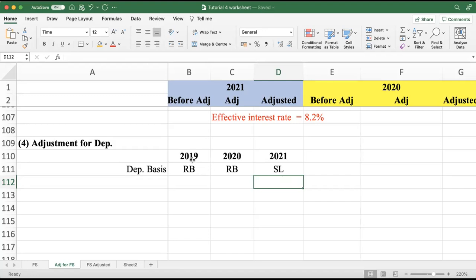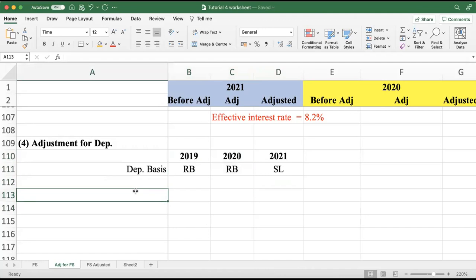So what you have to do is adjust the depreciation for the last 2 years to straight line basis. You see, for the last 2 years, depreciation is at reducing balance basis. So you need to adjust the last 2 years' depreciation to straight line basis. So you take depreciation already charged.